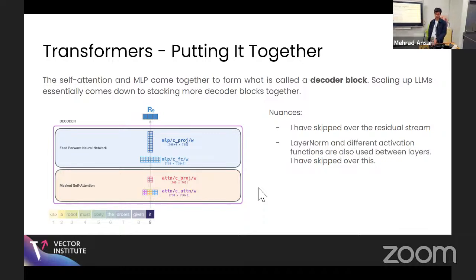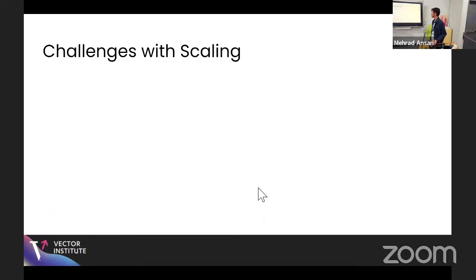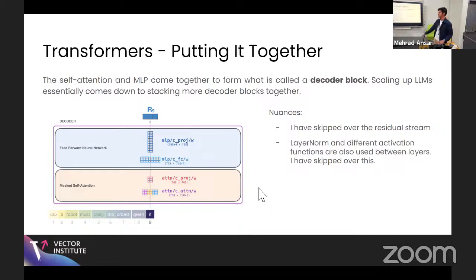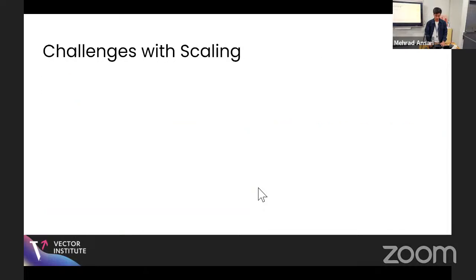As far as scaling up these large language models goes, you just stack a whole bunch of these decoder-only layers, and that's how you end up with these super large models. That's the gist of it. There are some details here and there, but that covers a lot of ground for us.